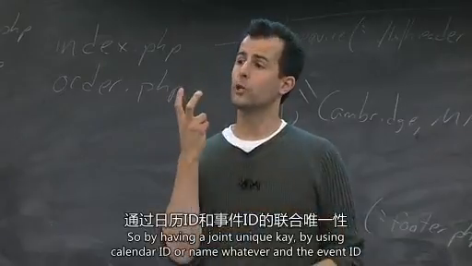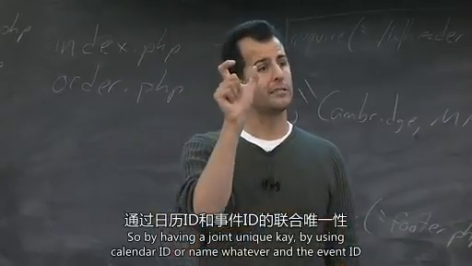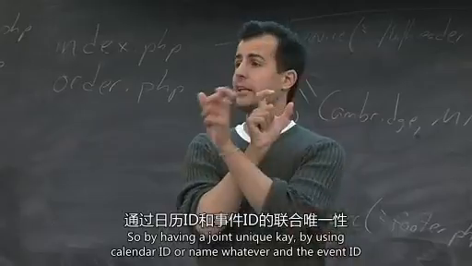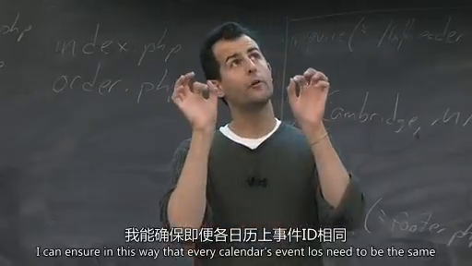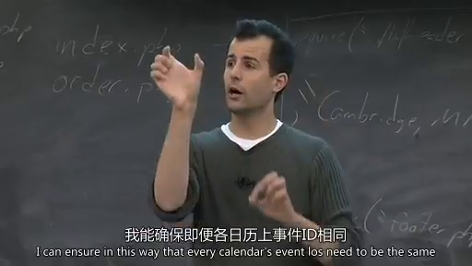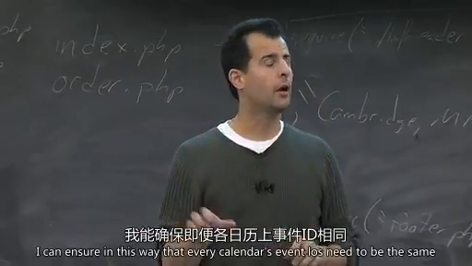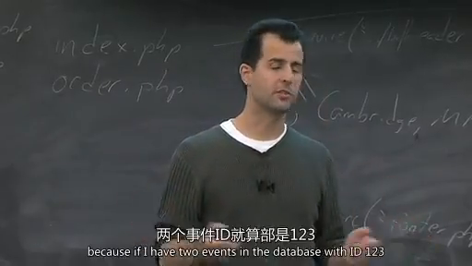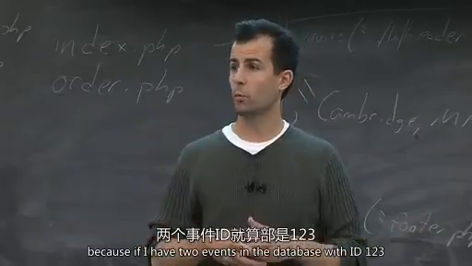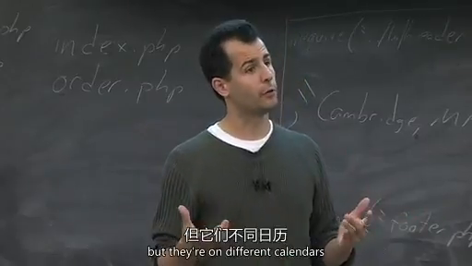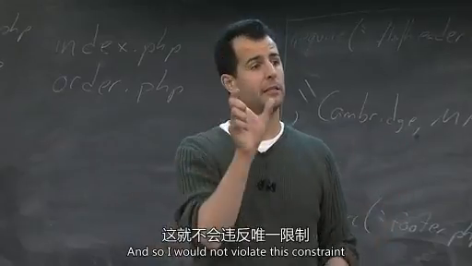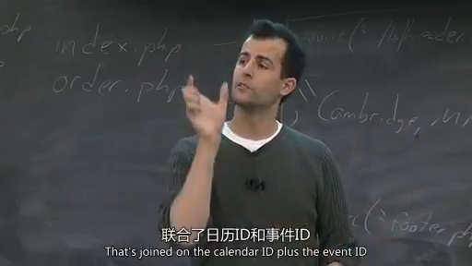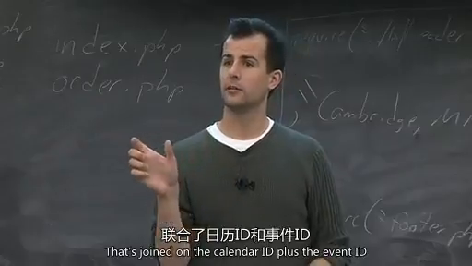So by having a joint unique key, using calendar ID or name, whatever, and the event ID, I can ensure that every calendar's event IDs are unique, but they don't need to be globally unique. Because if I have two events in the database with ID 1, 2, 3, but they're on different calendars, those two calendars would have two different IDs, and so I would not violate this constraint that's joint on the calendar ID plus the event ID.